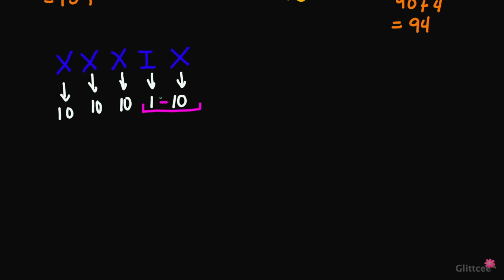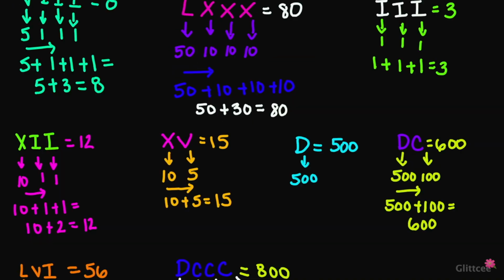But when I subtract, it's going to give me a negative 9. But I do not want the negative 9. We do want the 9 though. So now I have 10 plus 10 plus 10 plus 9. So you get 30 plus 9. This is going to equal 39. So XXXIX equals 39.